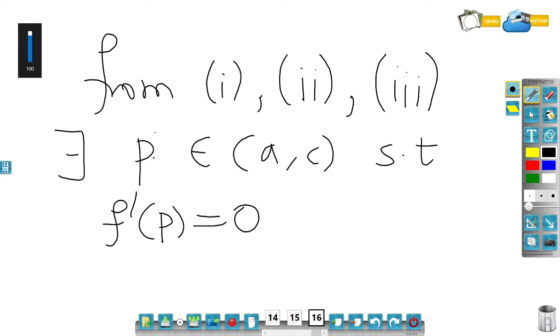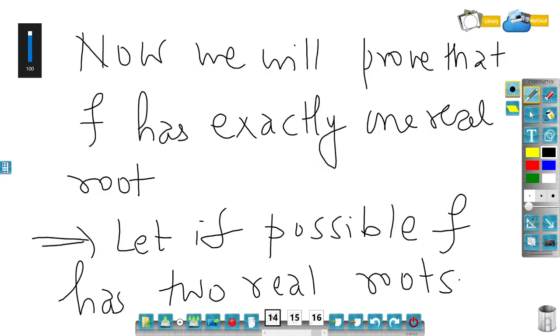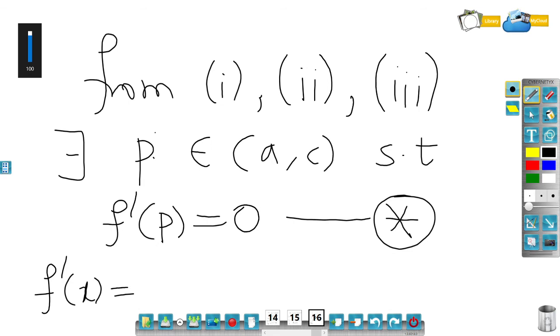Right, so let's call this a star. But what is f dash at x? f of x is x cube plus x minus 1, so we need to take its derivative. So 3x square, plus the derivative of x, which is 1.